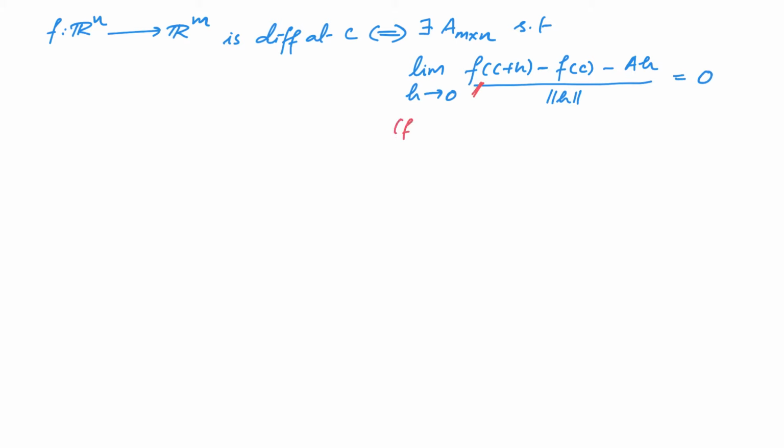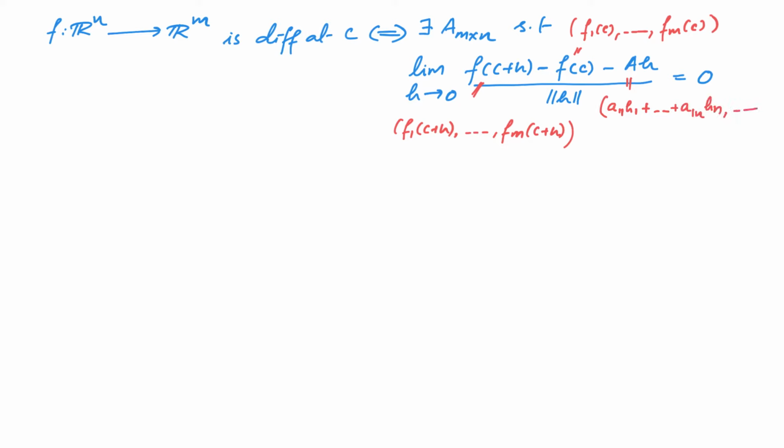Now we know that f(c+h) can be rewritten as f1(c+h), f2(c+h), etc. up to fm(c+h). Similarly, we can write f(c) as f1(c), f2(c), etc. up to fm(c). We can also write Ah as a11 h1 plus a12 h2 plus etc. up to a1n hn.